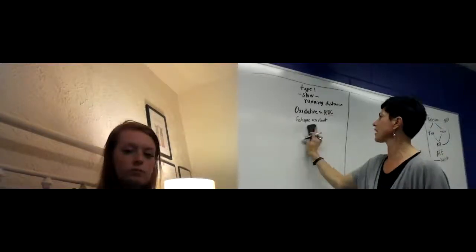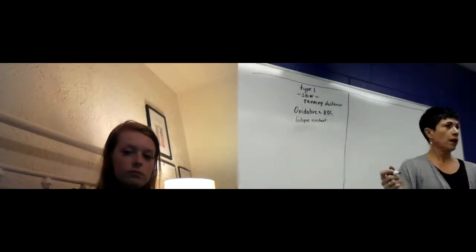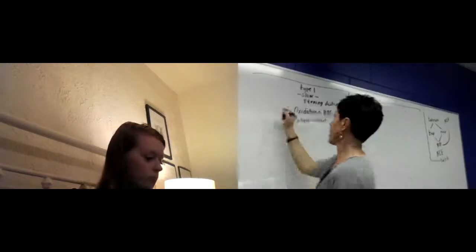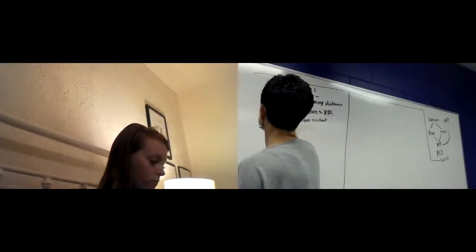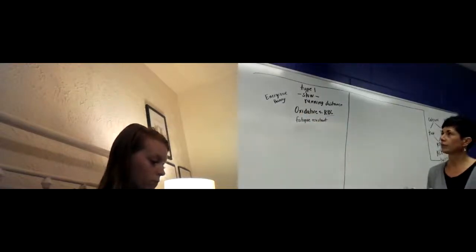We need a ton of oxygen to keep this process going and going and going. What did we refer to this side as? What's the analogy? Energizer bunny. Exactly. Keep going and going and going.